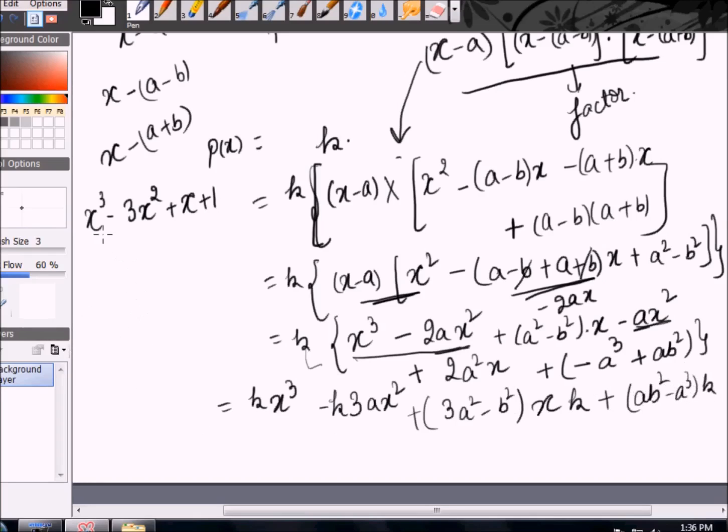Now comparing the cube terms, we easily conclude that k is nothing but 1. Therefore, we can substitute k in this whole equation as 1.